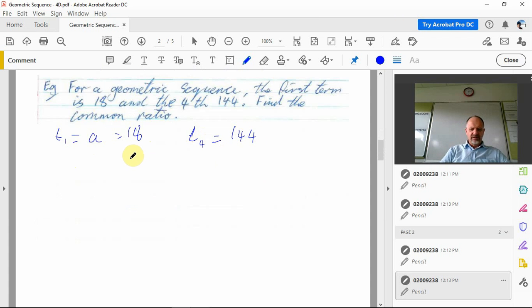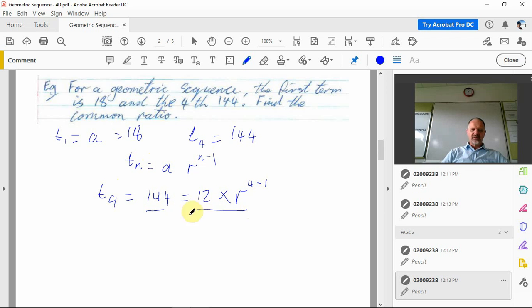Using the formula again, term n equals a r to the n minus 1. When n equals 4, term 4 is 144, and that's 18 times r to the 4 minus 1. Divide both sides by 18. It's 8 equals r to the 4 minus 1, which is 3.